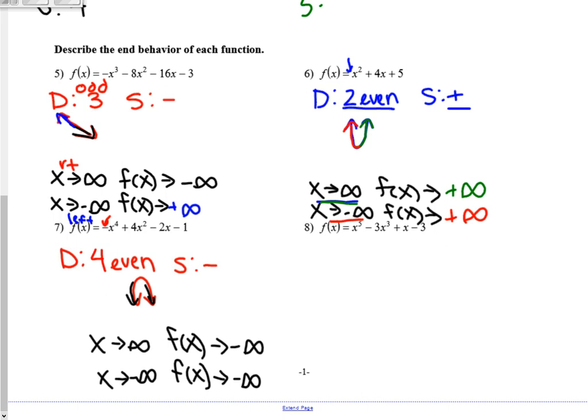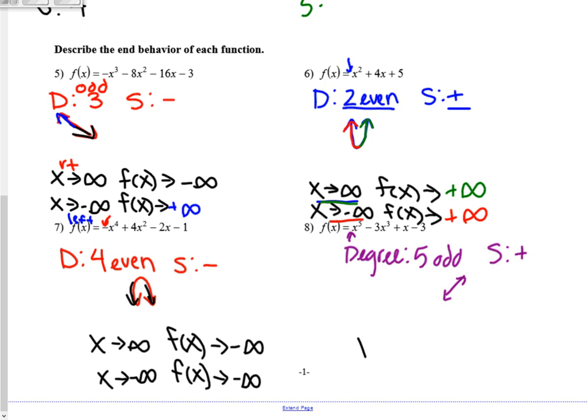Number 8 then, if I look at my degree, my biggest exponent here is that 5. It is in standard form. That's an odd degree. My leading coefficient then would be a positive one, so my sign is positive. If it's odd, I think of a linear graph. A positive leading coefficient tells me to think of a linear with a positive slope.